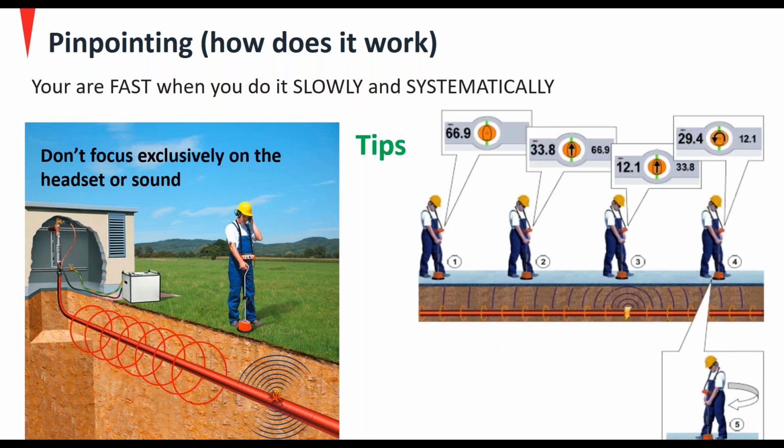Now here's an example where at position 1, we get a result of 66.9. Now the operator has moved closer to the fault, position 2, and now he gets an indication of 33.8. He moves to position 3, he gets an indication of 12.1. And if he goes past the fault, the indication gets bigger.